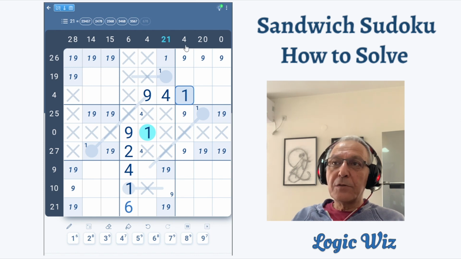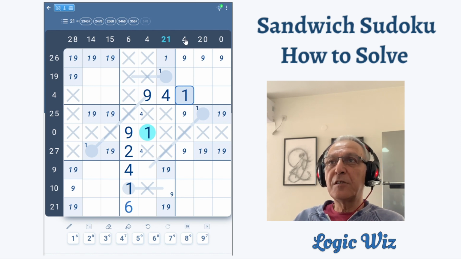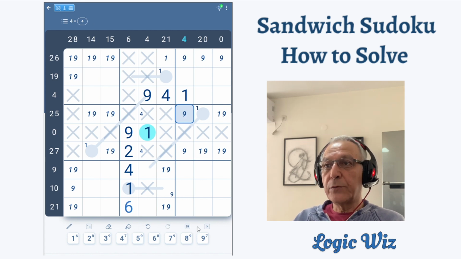And it also helps us right now solve this cone. We know again that the 4 can be composed of one digit only, the digit 4. Therefore 9 can no longer be here, because we don't have room for the 4. So I am putting here an X. Now 4 cannot be here, because we would need to have here 9.